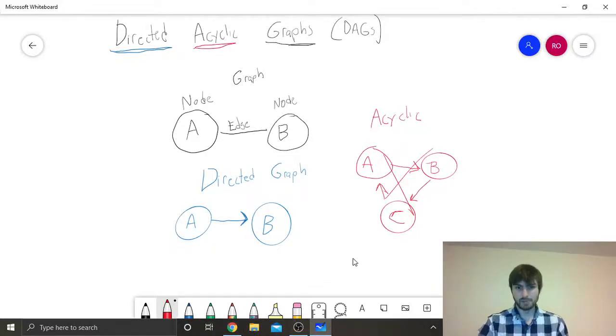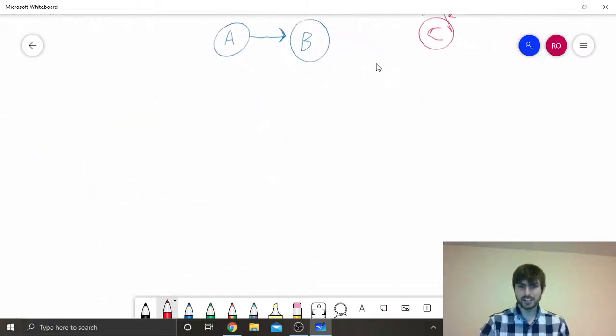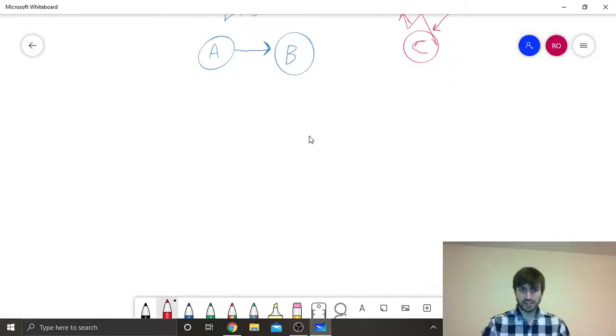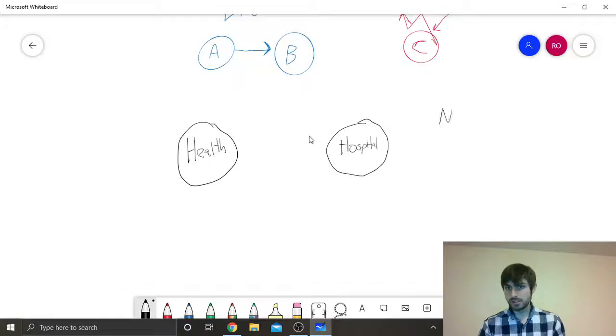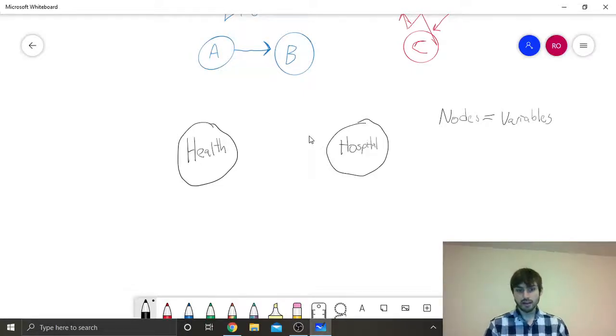Okay, why does this matter for econometrics? Well, for econometrics, we have the graph, the nodes represent variables. So, for example, from class, we had health and we had hospitalization. So the nodes are our variables. All right.